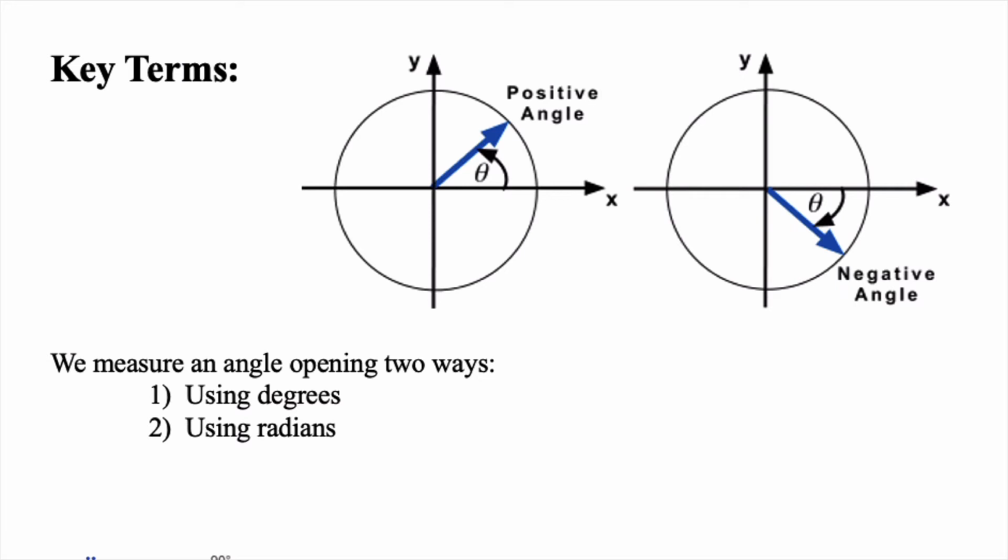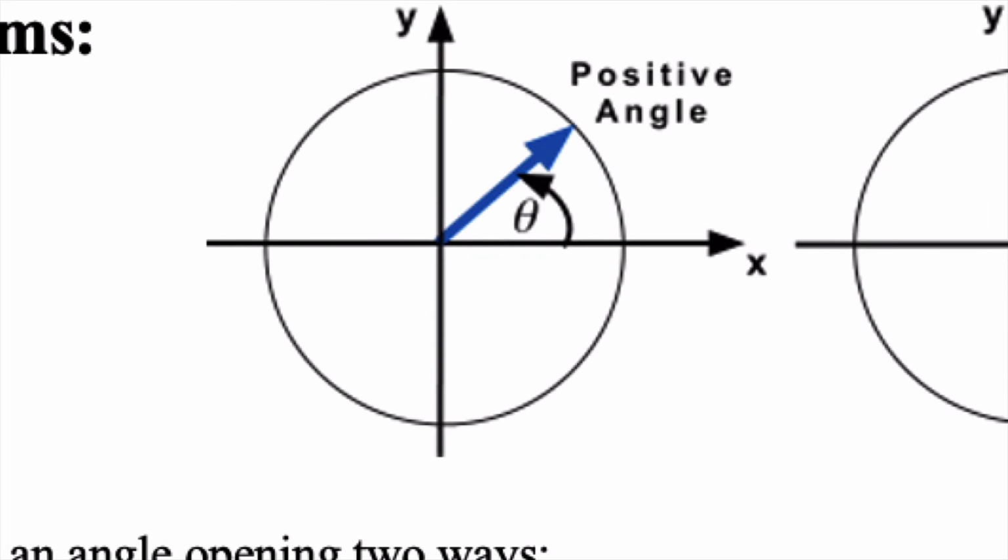So the first one, if I start this way, this opening is a positive angle. I can move it this way. It just depends on how open it is. It's a positive angle because it starts up. The opposite is starts down.